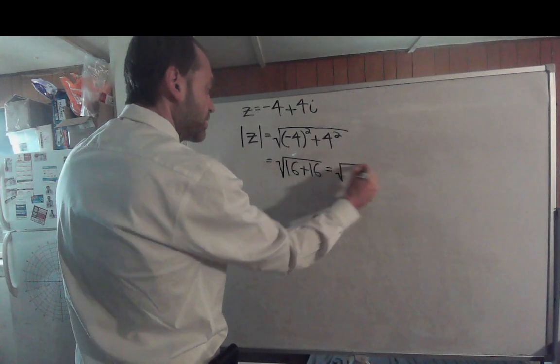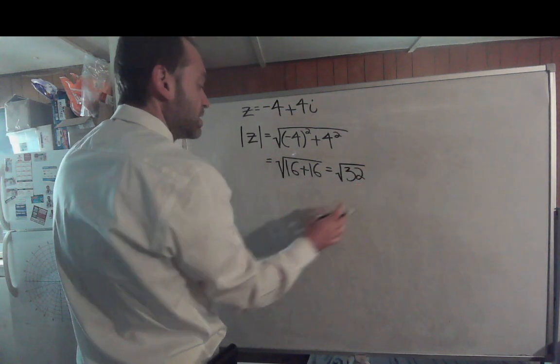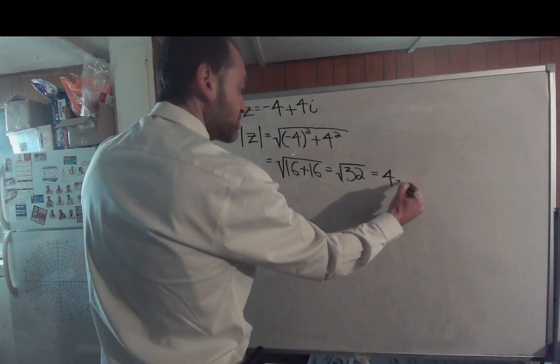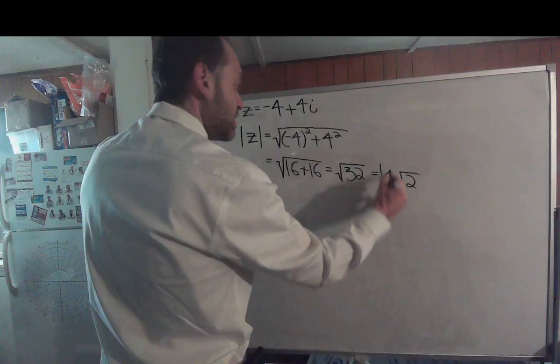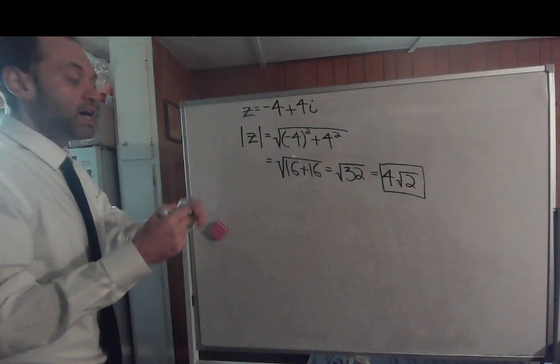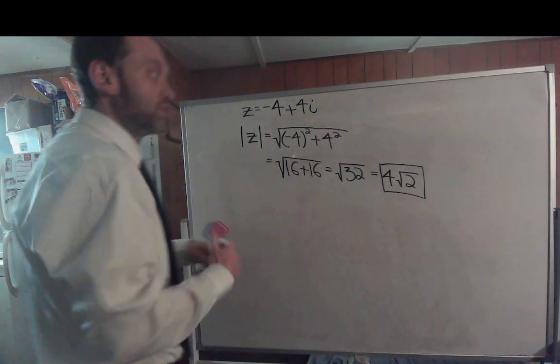I almost forgot the square root. That'd be very important. Which would break down into 4 times the square root of 2. So the absolute value of negative 4 plus 4i is going to be 4 times the square root of 2.